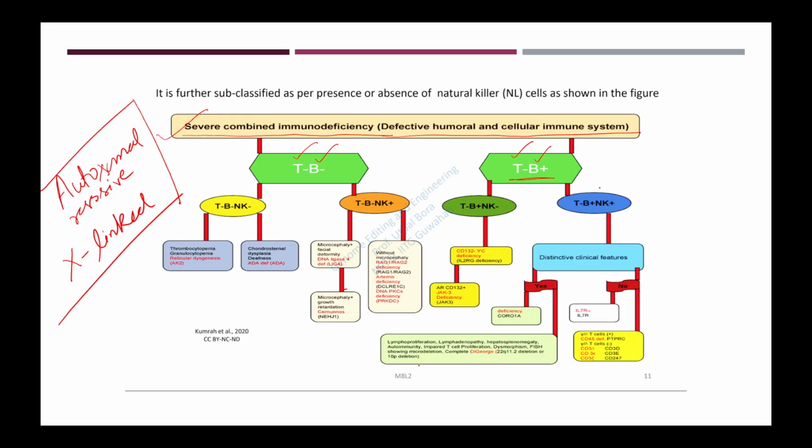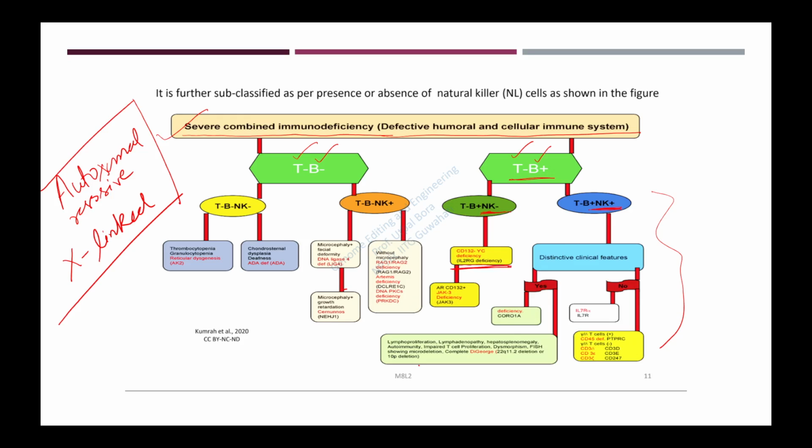And then we have the one where the B cells are being produced, however T cells are not being produced, but in one case natural killer cells are absent, and in another one natural killer cells are present. So here also we have several subcategories, like here IL-2RG, this particular receptor is absent.